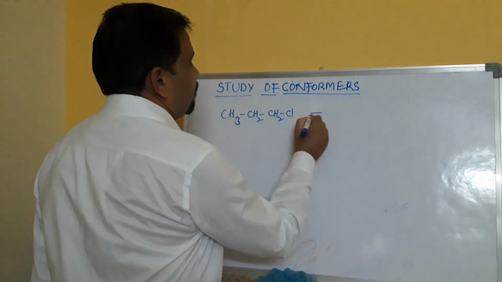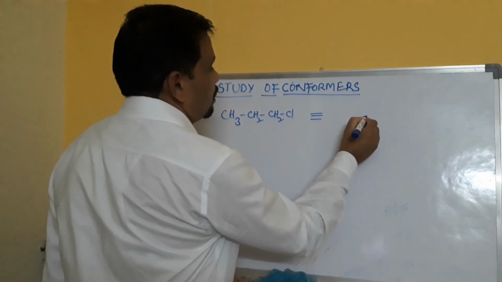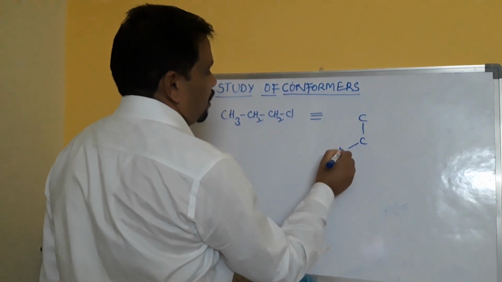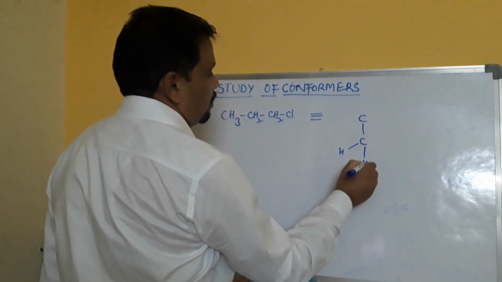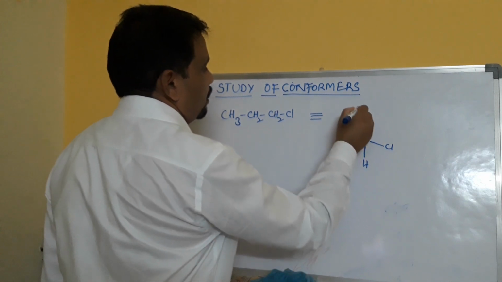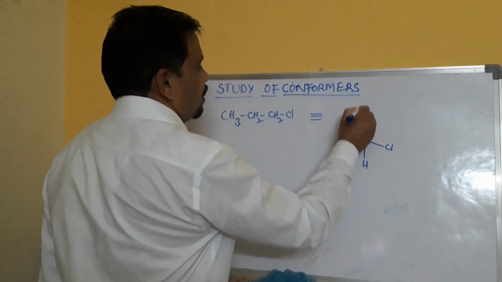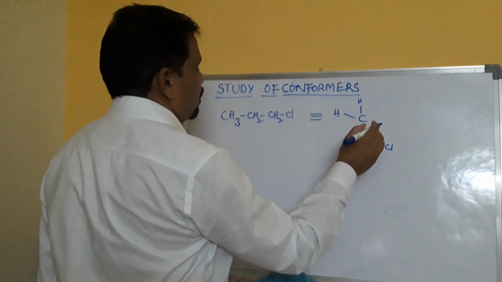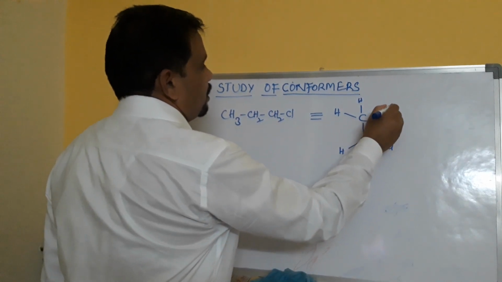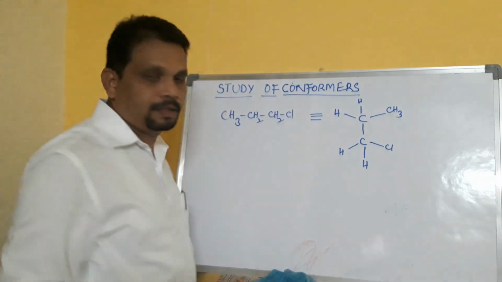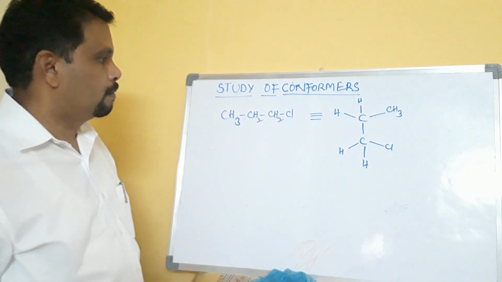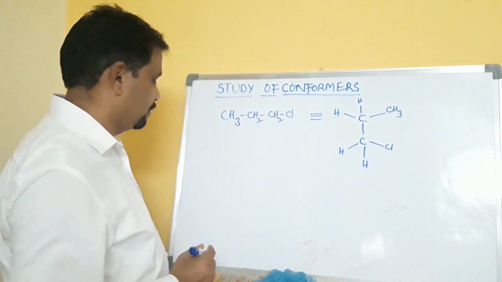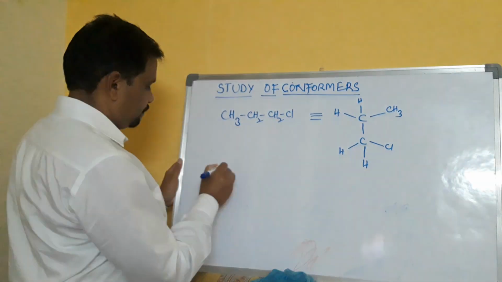This can be written like this: hydrogen, hydrogen, chlorine, hydrogen, hydrogen, and CH3. Possible conformers for this molecule I can write here.